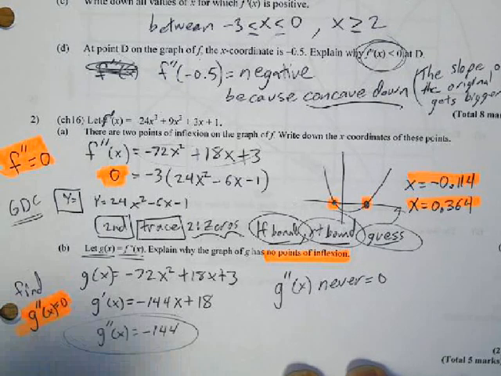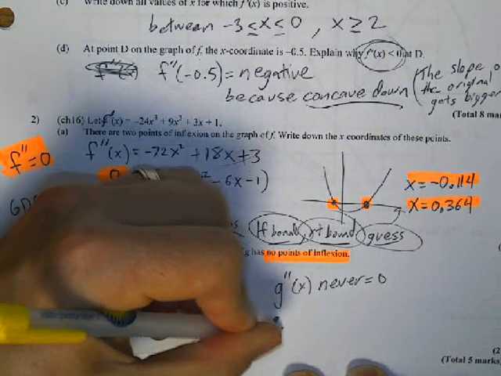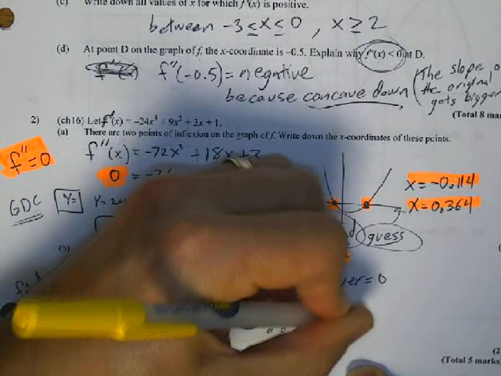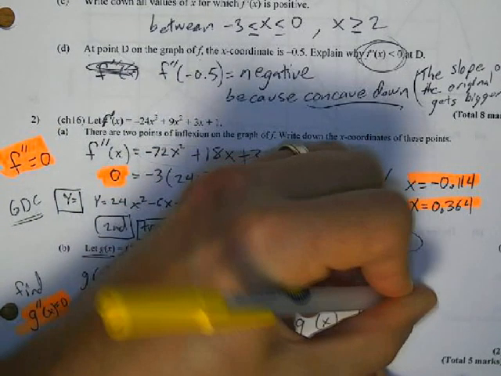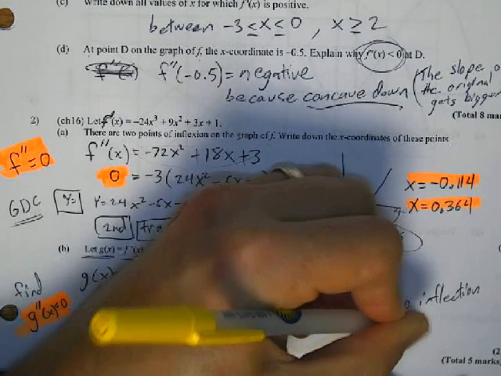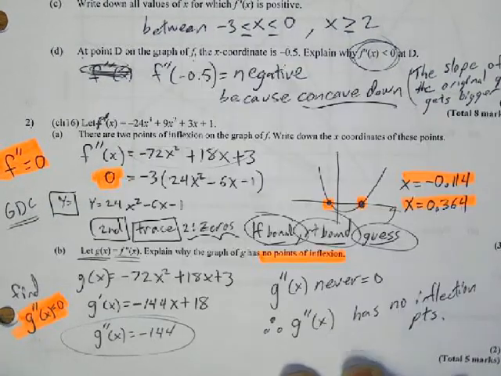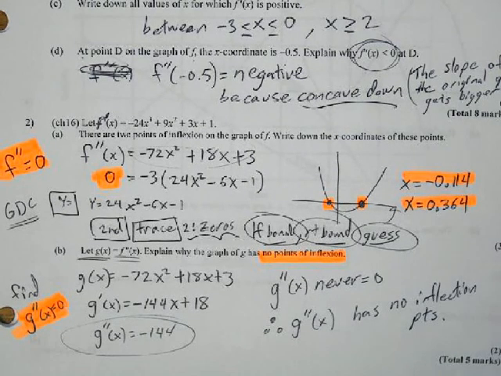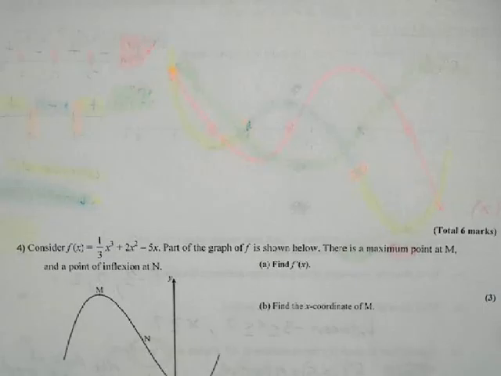So therefore g of x has no inflection points, because to have an inflection point, the second derivative has to be 0. Okay.